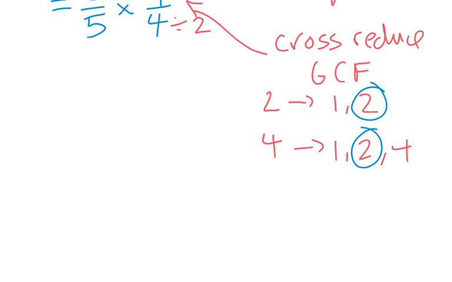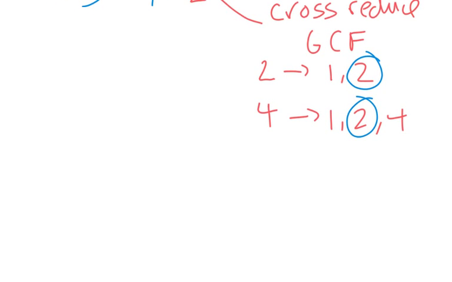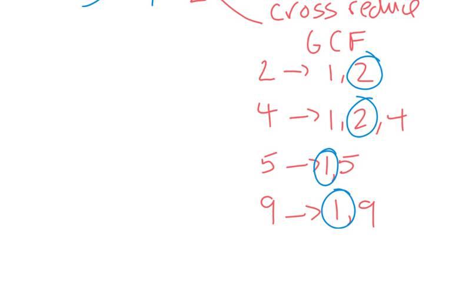Next, we're actually going to find the greatest common factor of 5 and 9. Those are the other numbers that are across from one another. The factors of 5 are 5 and 1, whereas the factors of 9 are 1 and 9. And as you can see, the greatest common factor here between 5 and 9 is 1. Now, what are we going to do with that 1?